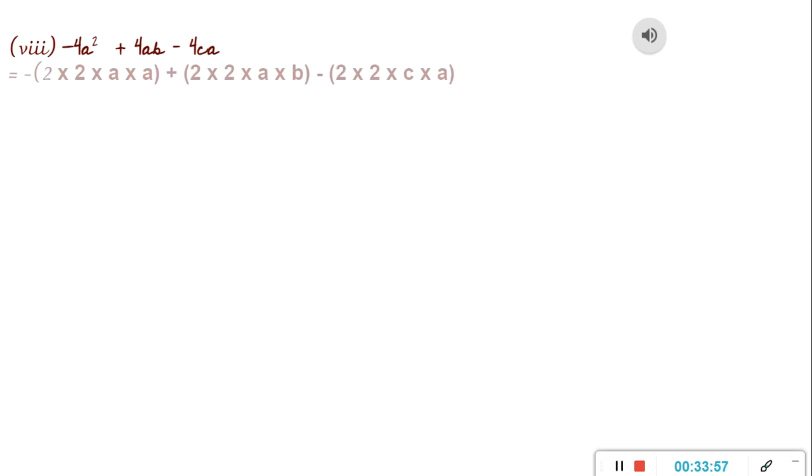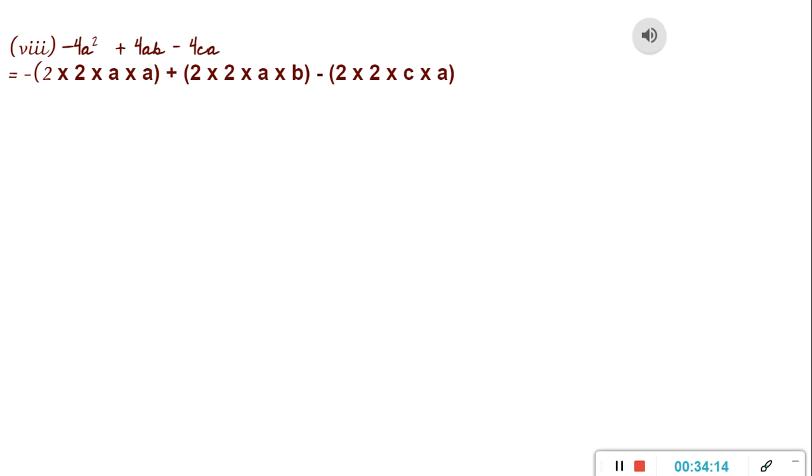Now question number 8. Minus 4a square plus 4ab minus 4ca. So here minus 4a square can be written as minus into 2 into 2 into a into a, plus 4ab can be written as 2 into 2 into a into b, and minus 4ca can be written as minus into 2 into 2 into c into a.